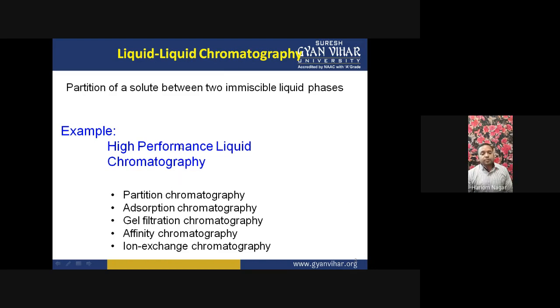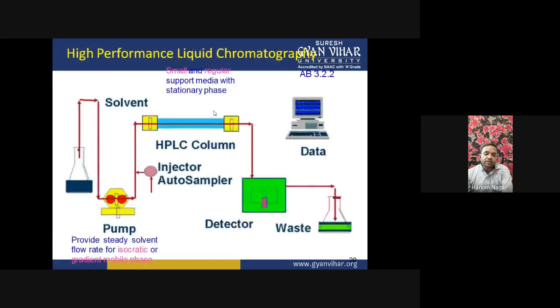In high performance liquid chromatography, there is a partition of a solute between the solid and the liquid phases, where the liquid phase is the mobile phase and the solid phase is the stationary phase. And this is the instrumentation of high performance liquid chromatography.